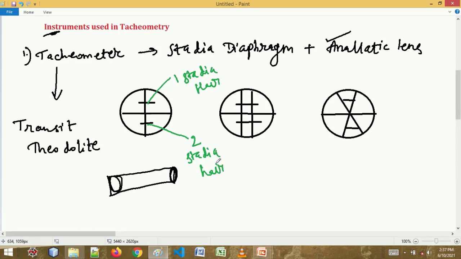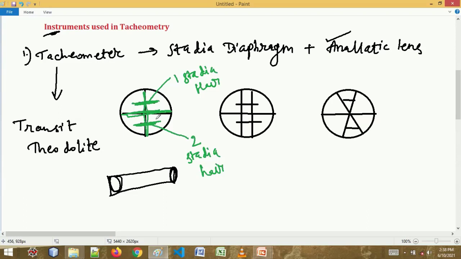These are in addition to the regular crosshairs. This horizontal line and this vertical line are the regular crosshairs which are available in a normal theodolite also. When we provide these two additional stadia hairs, it is called a transit theodolite.